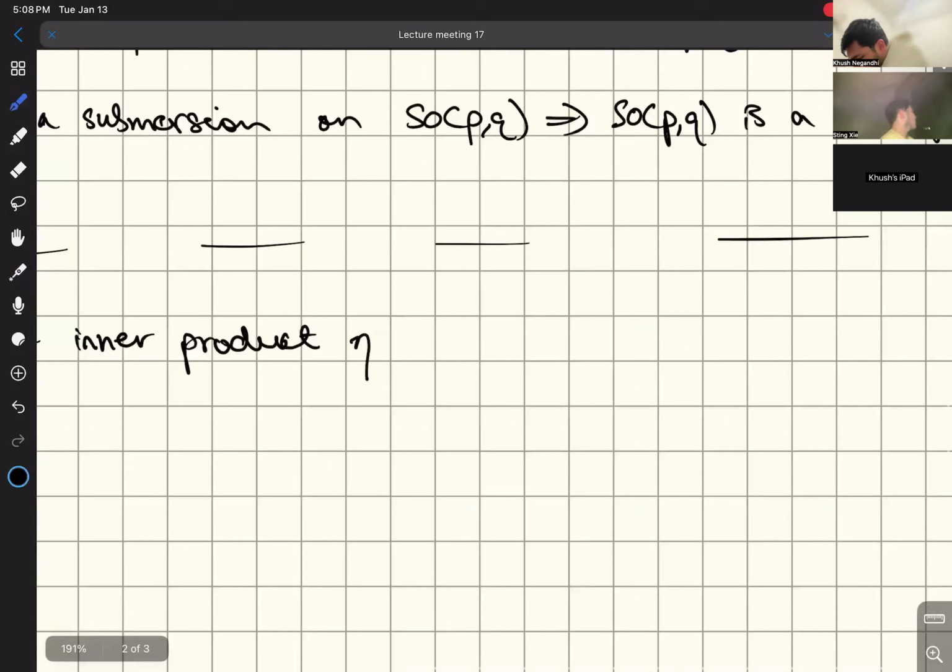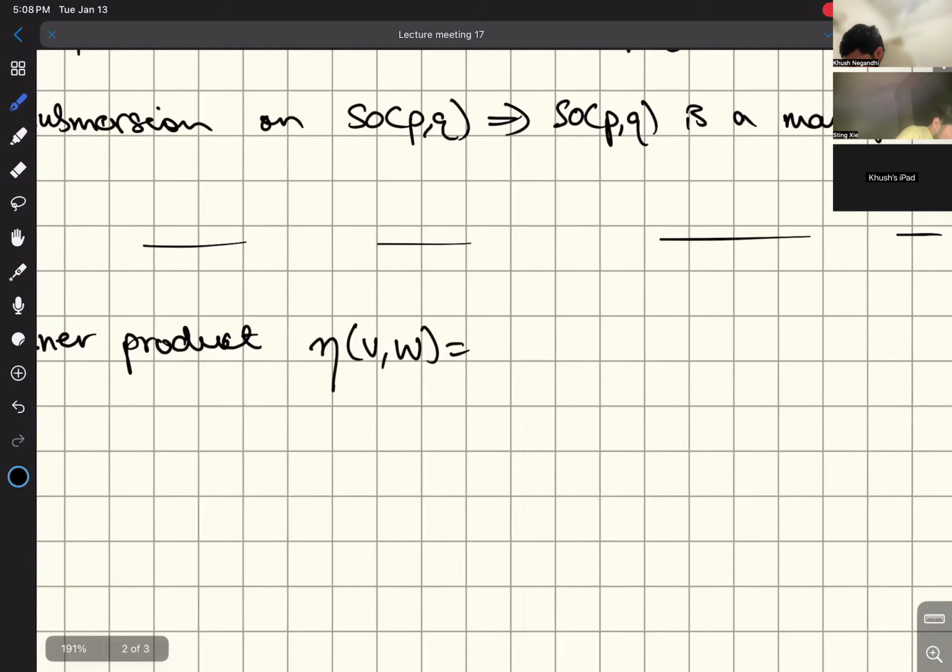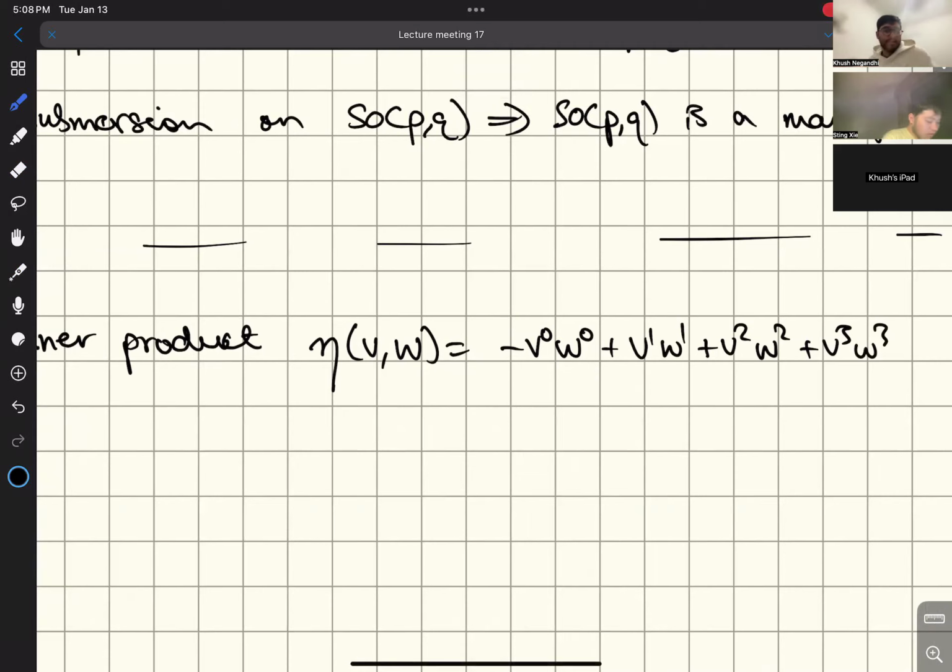Physicists usually call this eta of V, W, and it's given by V0 W0 minus... how do I want to do this? Okay, let's do it like this. From special relativity, we know that this is true.